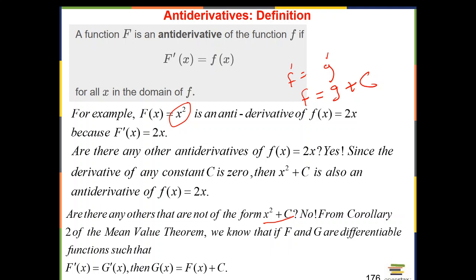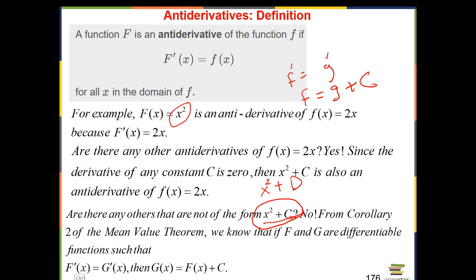So if the derivative of this and derivative of some other function are the same, then the difference between them is a constant, right? That's what this says. So that means in this case, we cannot have any other answers that have a different form than this form. It's going to be the same form, x squared plus some constant. And there are infinite number of them, of course.